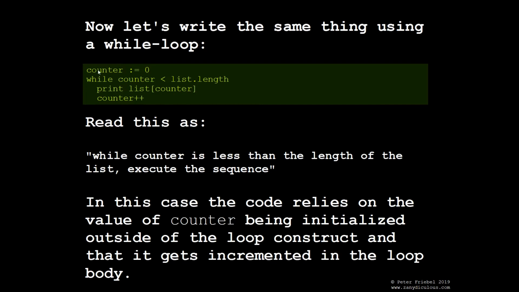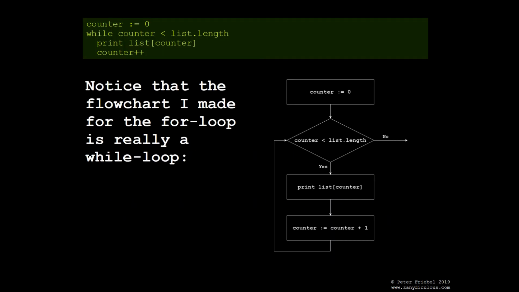And in the code here, counter is initialized to 0, but the loop construct begins with the while, and the counter is incremented as part of the loop body. Now notice that the flowchart I made for the for loop is really a while loop, because this flowchart is exactly the same.